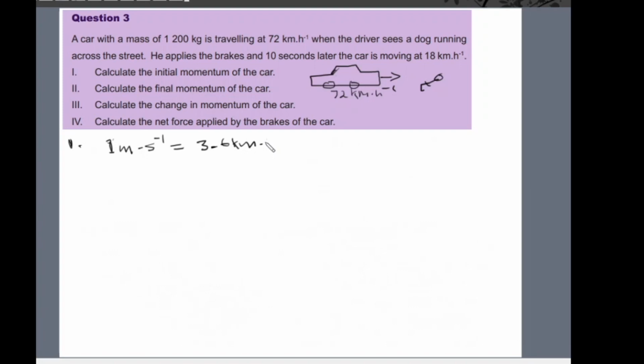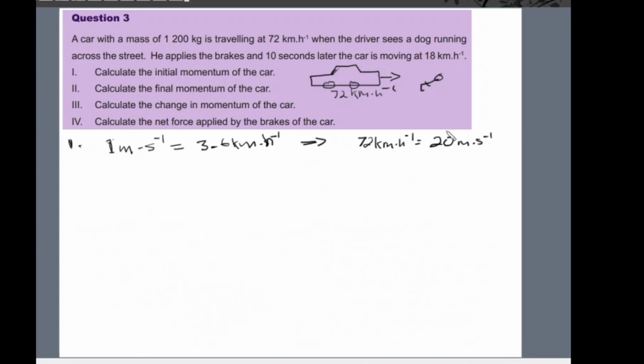So this implies that 72 kilometers per hour is equal to 20 meters per second, right?